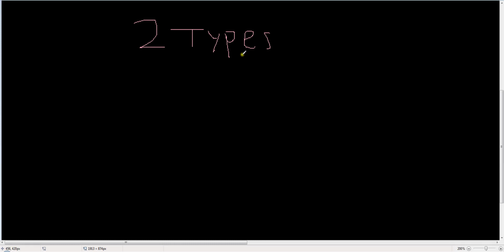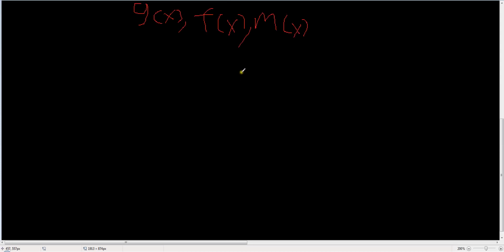The first type of example is where the functions g of x, f of x, and m of x are all given. That means you know all three of the functions, and they ask you for the limit of f of x.